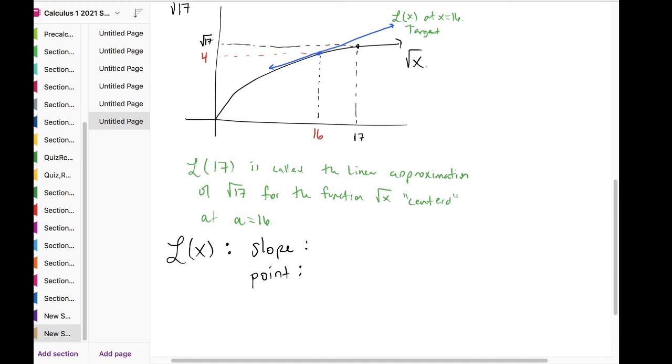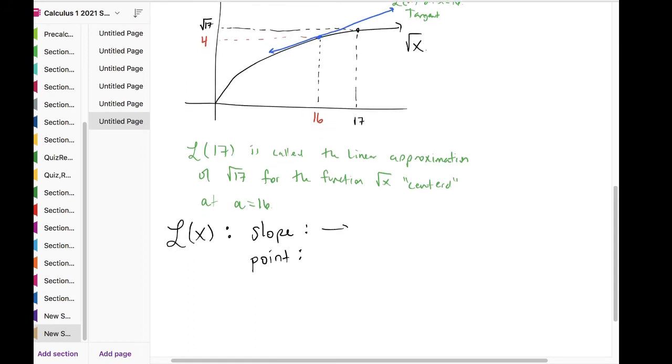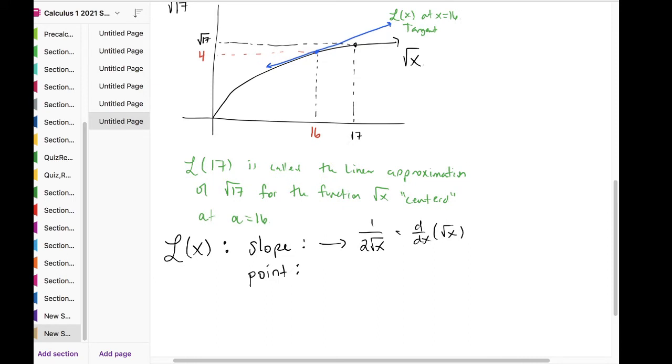So 1 over 2 square root of x, I'm assuming that's for the slope. 1 over 2 square root of x is equal to the derivative. So what is the slope? It's a line, right? So it's not going to be a varying slope. So what is the slope of this line? What do you do with that 1 over 2 radical x?